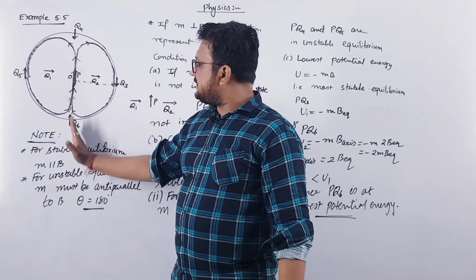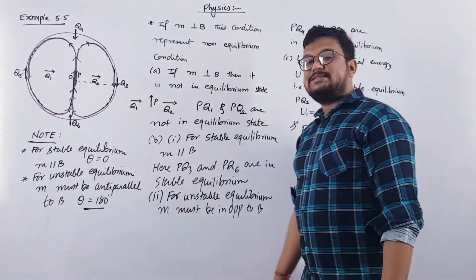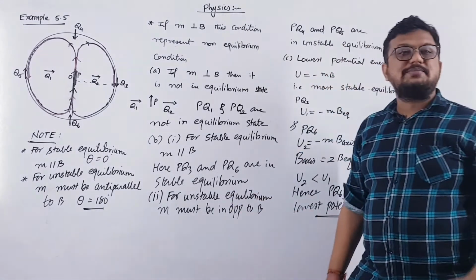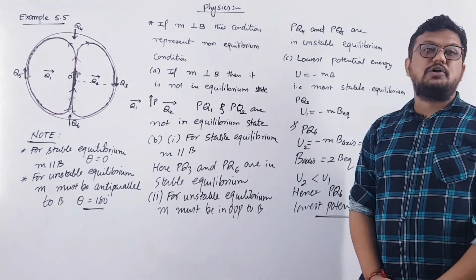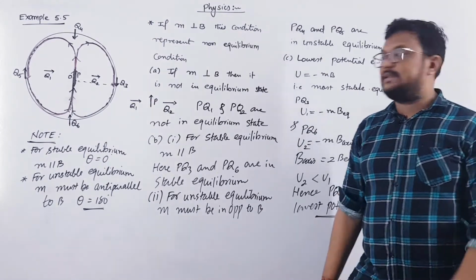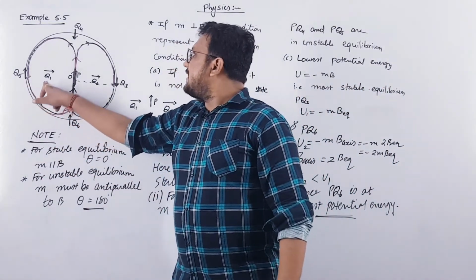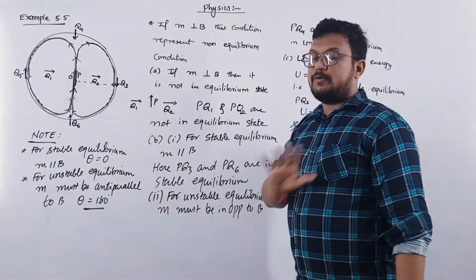You can say that Q6 is moving up and here P is also in upward direction, right? So they are also in stable equilibrium. For unstable equilibrium, M and B must be anti-parallel to each other, or you can say that they are in opposite direction. So here Q5 and P are in opposite direction, as well as Q4 and P are in opposite direction. So they are in unstable equilibrium.